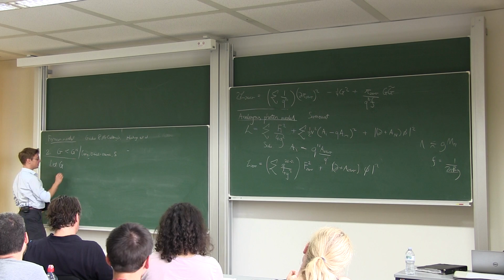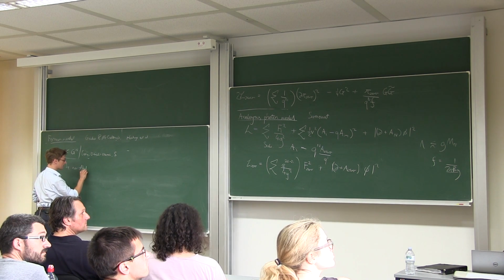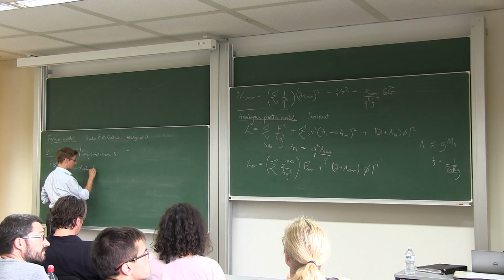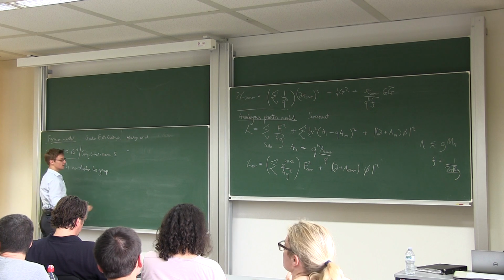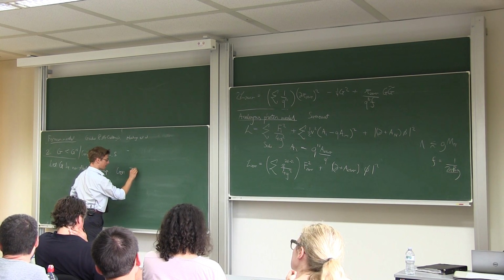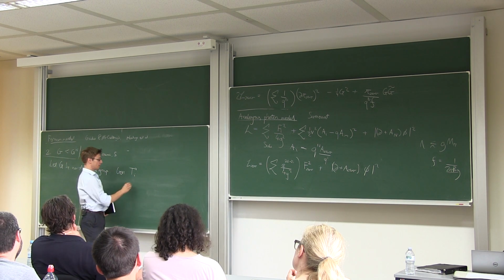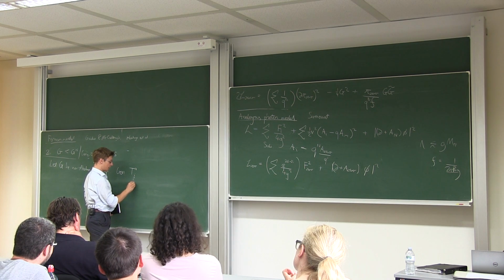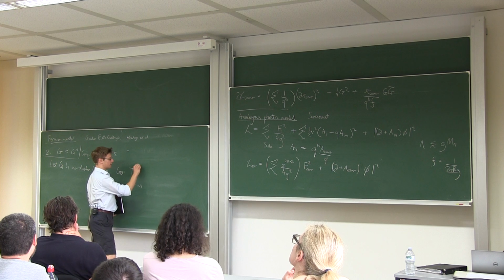So let G be a non-abelian Lie group. Let's give it generators T^A_i, where i runs between 1 and n, and A is some adjoint index.